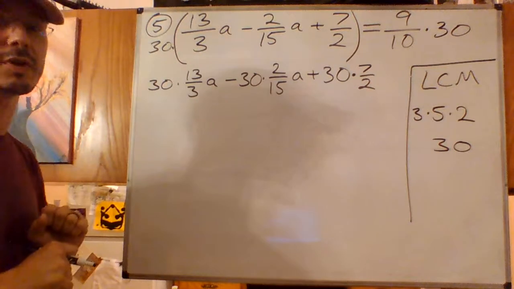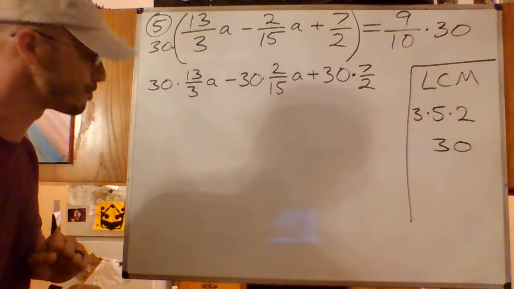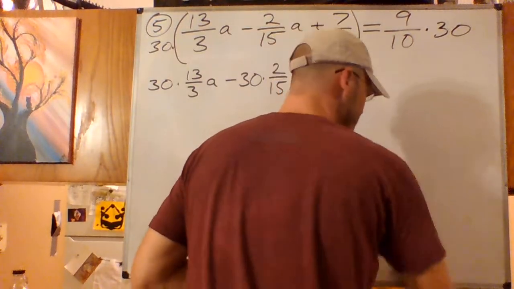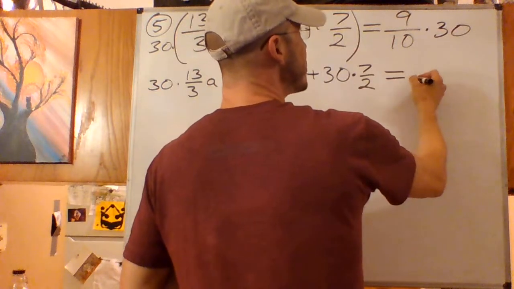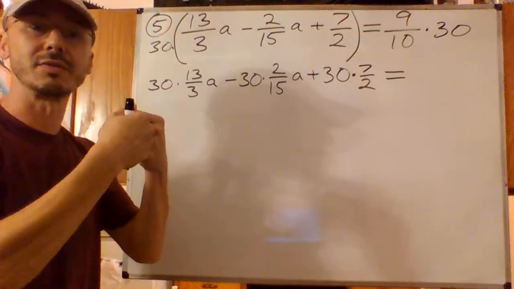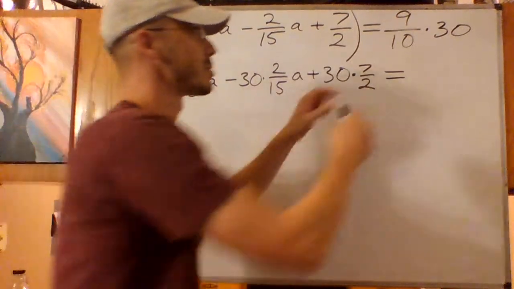No a, no variable on that part. I'm going to have to erase my work for the LCM here. But it's equal to, well, this is already written as a single product of 2 numbers. We could actually start to work with this.